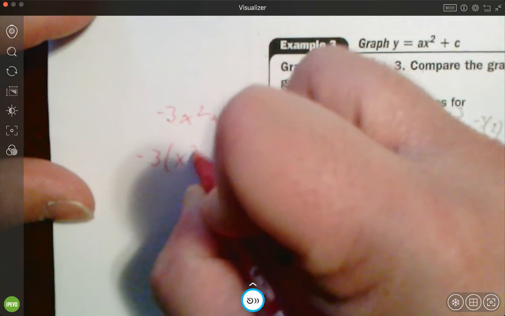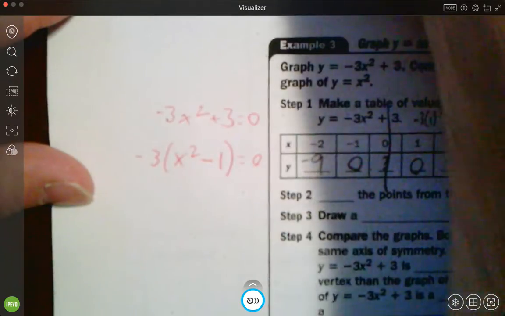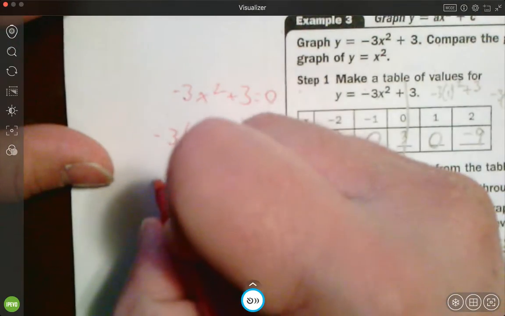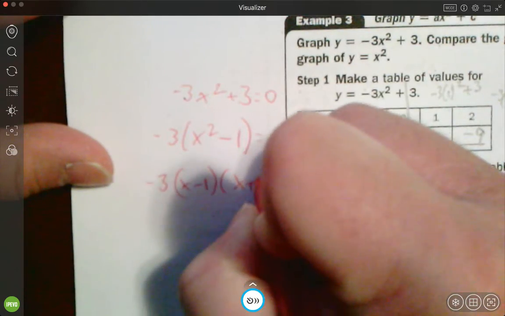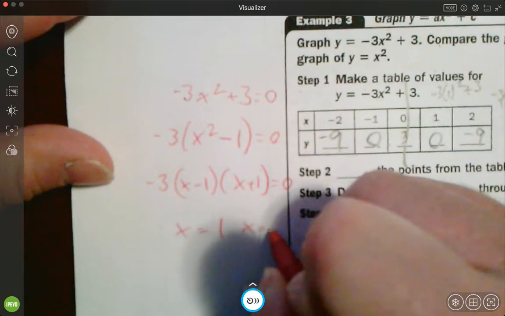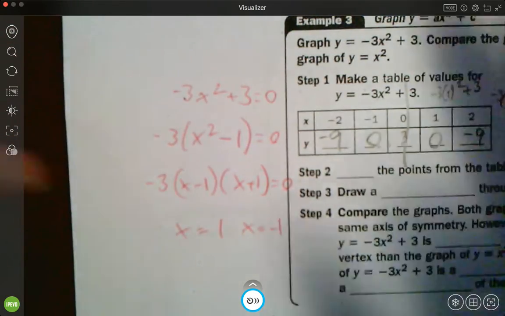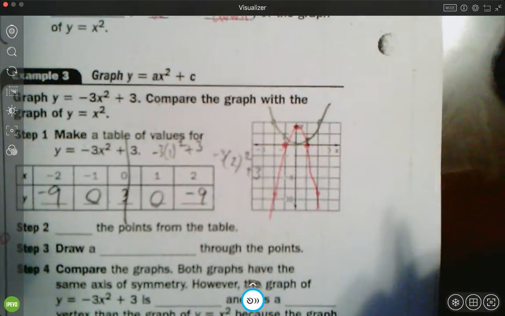And you're left with x squared minus 1 equals 0. And like we've been doing, special case here, this is negative 3 times (x minus 1)(x plus 1). And you're left with x equals 1, x equals negative 1. Mind blown. Seriously, that's where it crosses, 1 and negative 1. Good stuff. Sorry, I couldn't help myself.